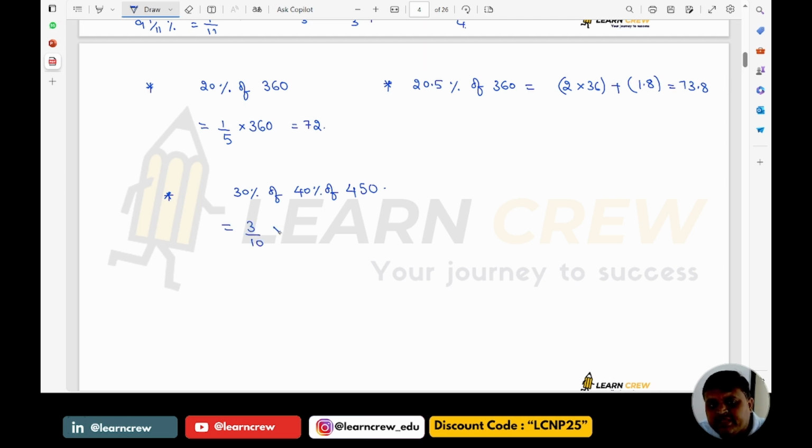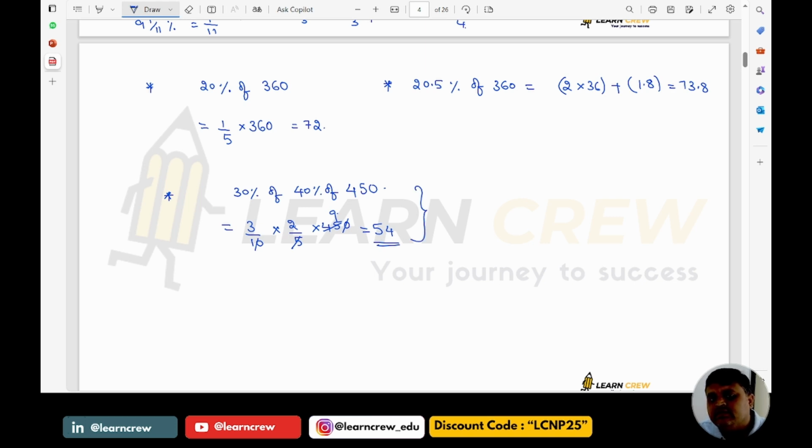Of means multiplication. 40% means 2 by 5 into 450. So 0, 0 cancel. 5 9 times. So 9 2s are 18, 18 3s are 54. Okay. This is the traditional way.